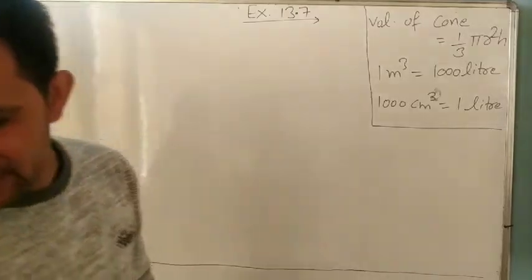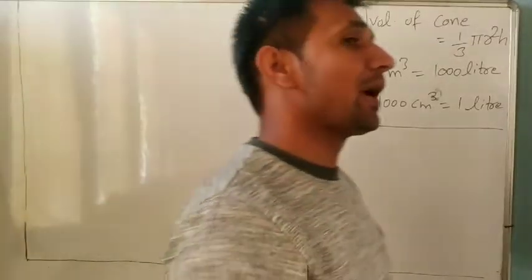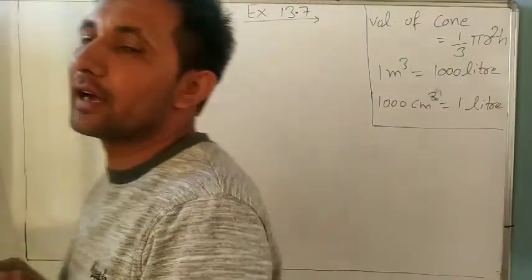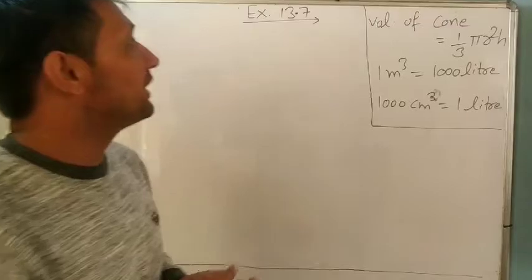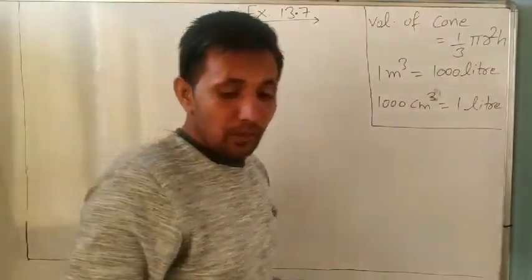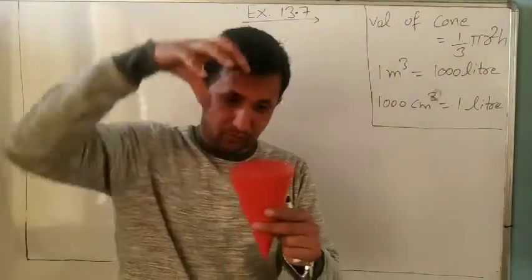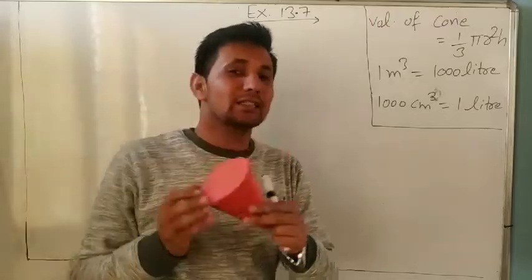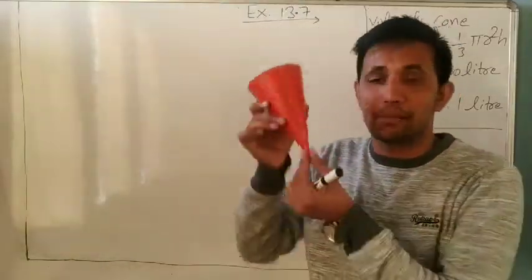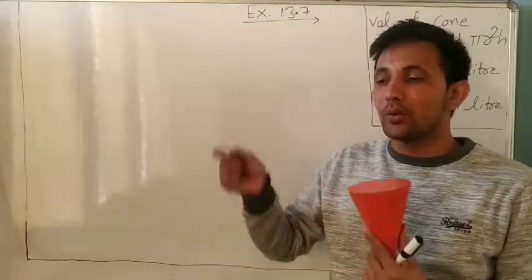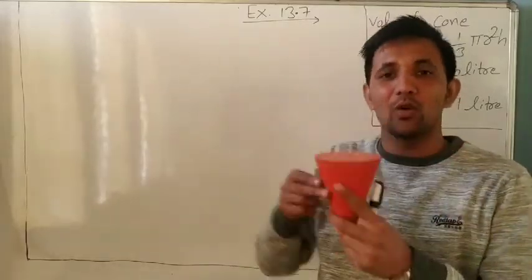is find the capacity in liter. Whenever the examiner asks you, find the capacity in liter or kiloliter or milliliter, okay, so always it means capacity, how much water it can hold. Many times you eat ice cream which is shaped in a cone, and we fill the cone with ice cream.